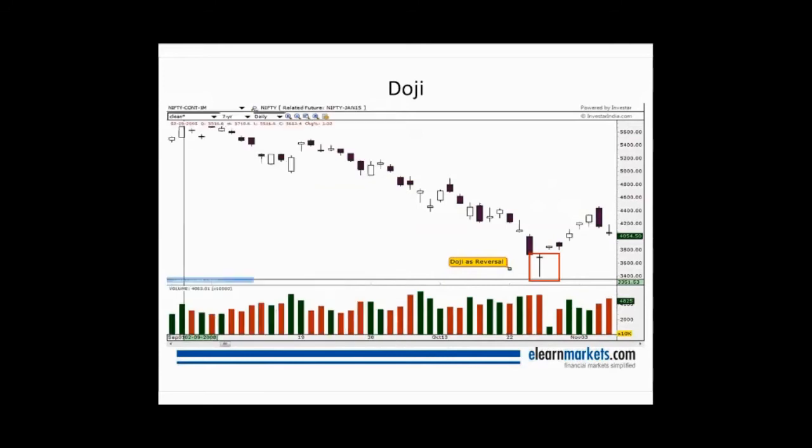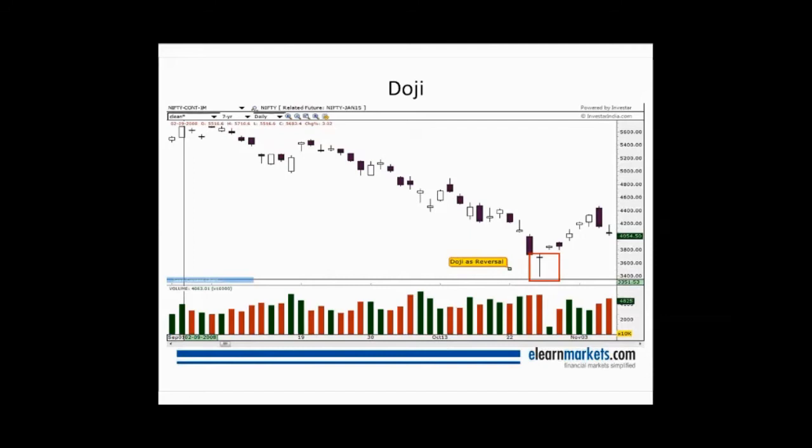Look at the second example. We can see that there was a series of downfall, and then a dragonfly doji has appeared on the Nifty daily chart. This doji is indicating that the prior trend must have exhausted, the bears must have exhausted. Hence, once we get a price confirmation, the prices have gone up.